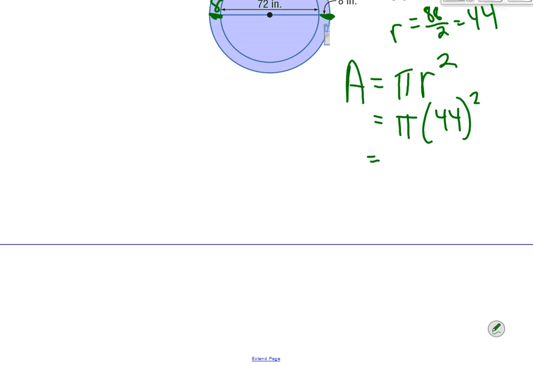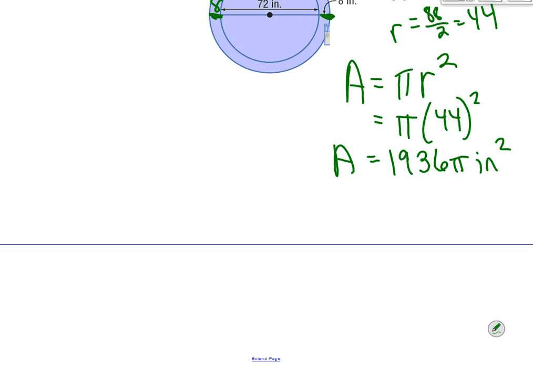Before pi, just what is 44 times? Okay, 1,936 pi. And since this is in inches, we'll say square inches. This is the exact answer, just to kind of let you know.